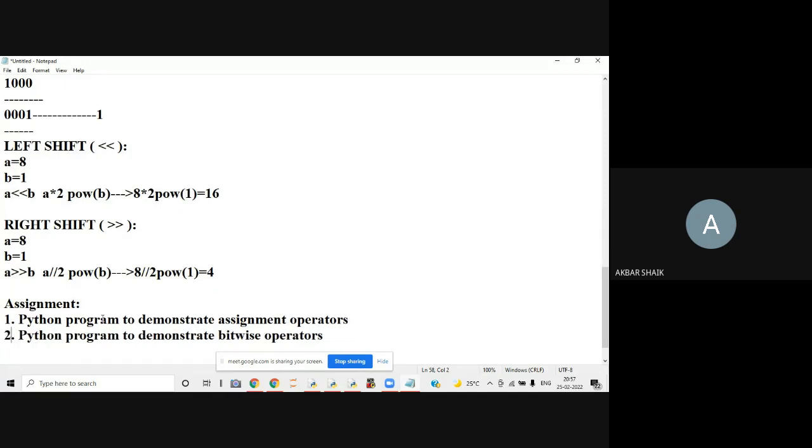This is homework for you. Don't neglect it, because these two are a little different from the operators we saw in yesterday's class, like arithmetical, logical, relational. These two are a little tricky, not difficult, but they require practice. If you practice, you can understand very easily. There is no logic in that. It's very simple. So all of you must complete these two programs today.